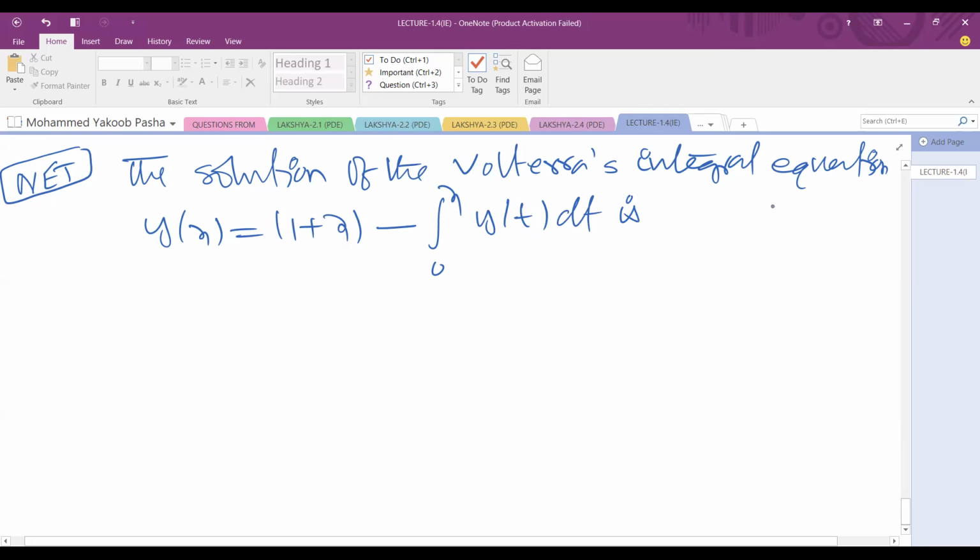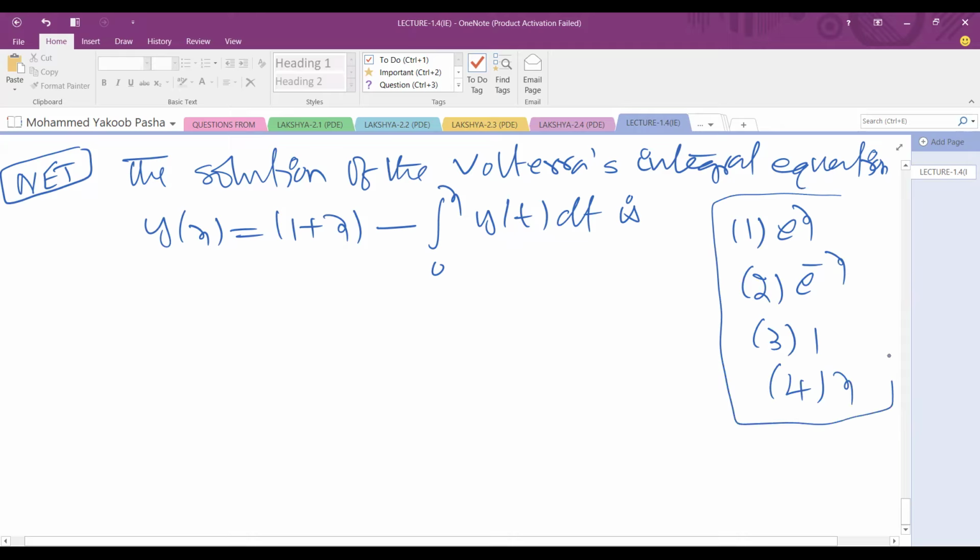We have options here again. The first option is e to the power of x, the second option is e to the power of minus x, the third option is 1, and the fourth option is x. Okay, these are the four options.